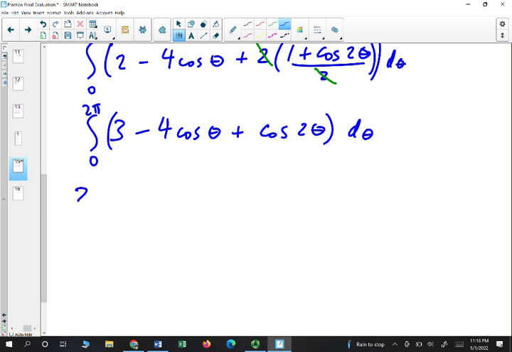So we have 3 theta minus 4 integral of cosine is sine, plus integral of cosine of 2 theta, but to offset the 2 theta we have to multiply by a half, right? That would be a chain rule that we'd have to use there.